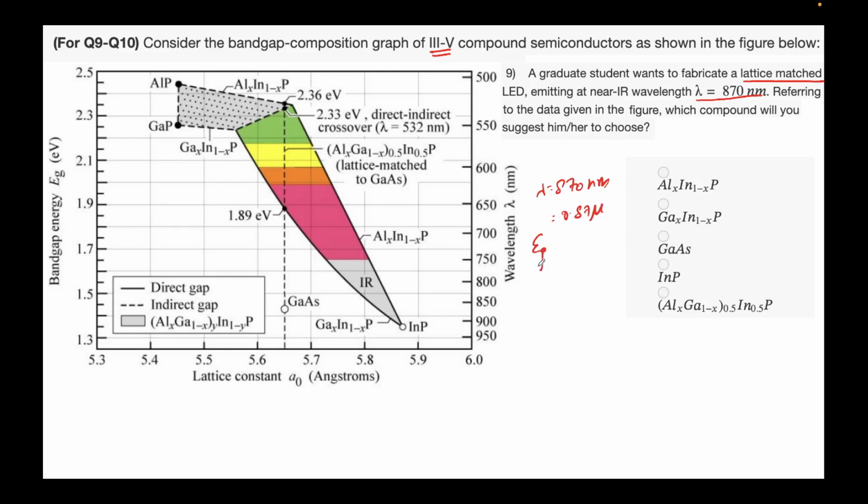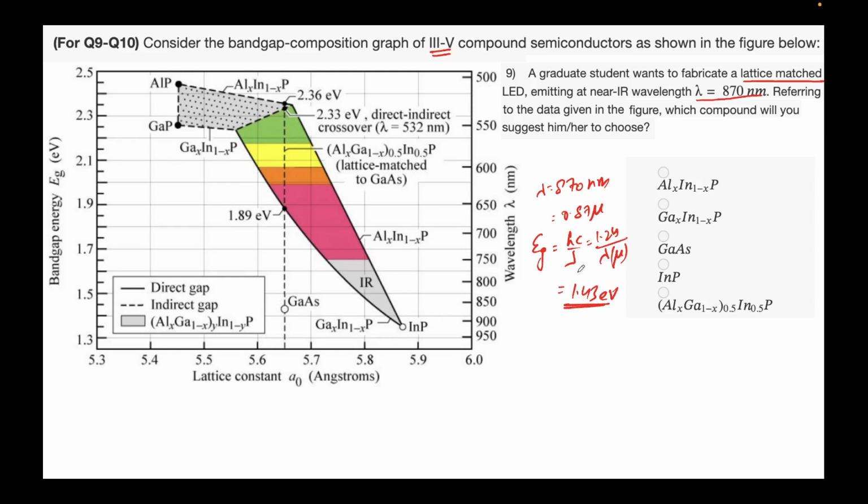And if I calculate Eg, remember we can calculate Eg because it should be equal to h nu, so hc by lambda, and we also have this formula 1.24 upon lambda in microns. So Eg is 1.24 divided by 0.87 microns, which turns out to be 1.425, let's write 1.43 eV.